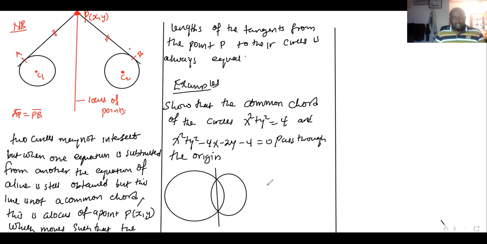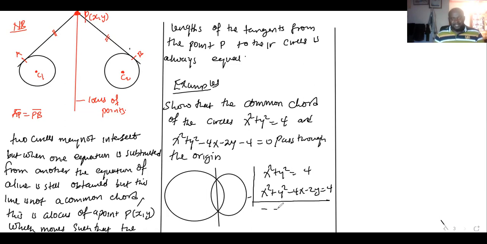Now, like we have said, we have to subtract them simultaneously. Or a smart student will see that since you have x squared plus y squared is 4, and the other equation also has x squared plus y squared minus 4x minus 2y is equal to 4. One who is very smart, you don't need to subtract. But let us first start with our way we have been handling.